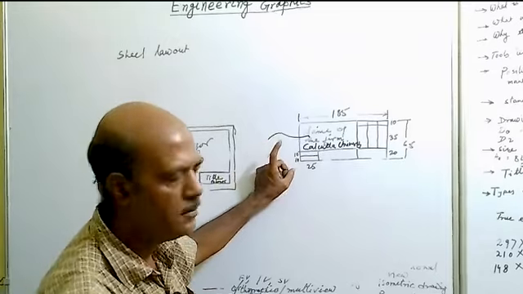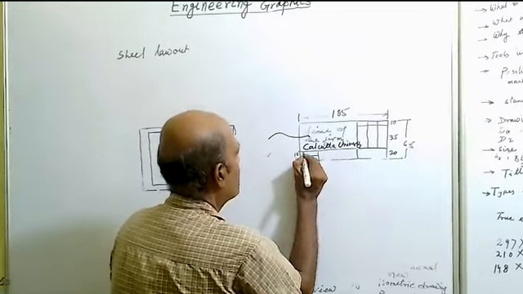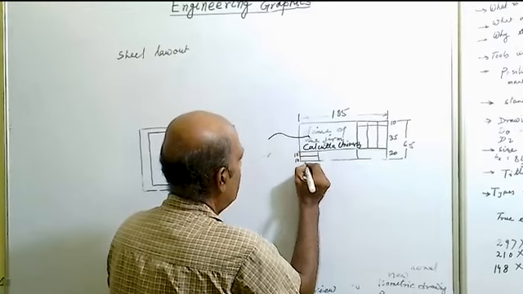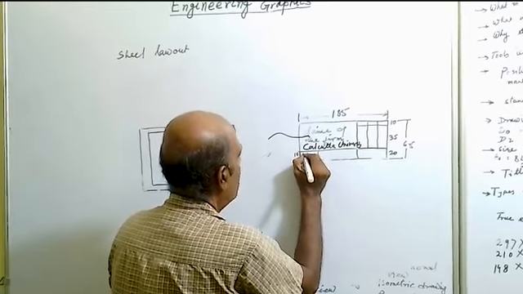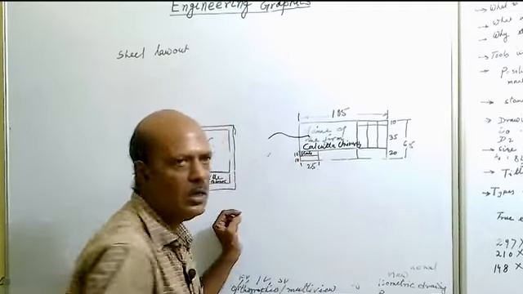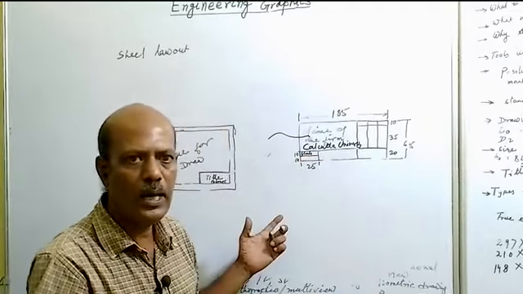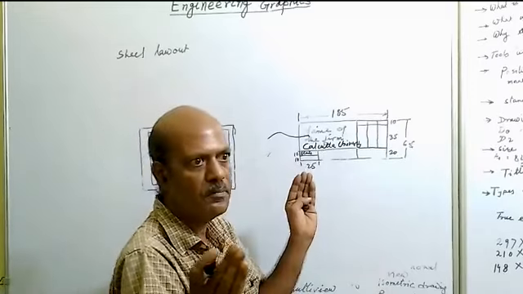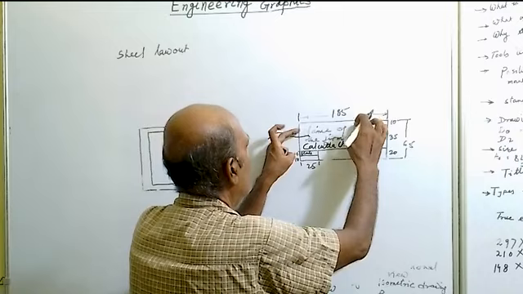Now next, in this space, this is the space 10 by 25. In this space, we will write scale, information of scale, because all the objects cannot be drawn in their actual size in this space.